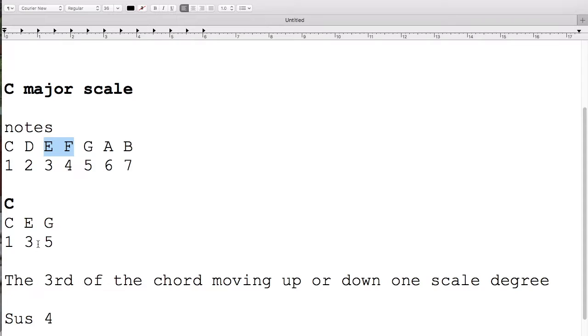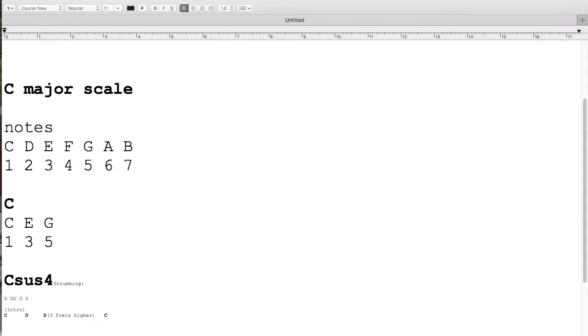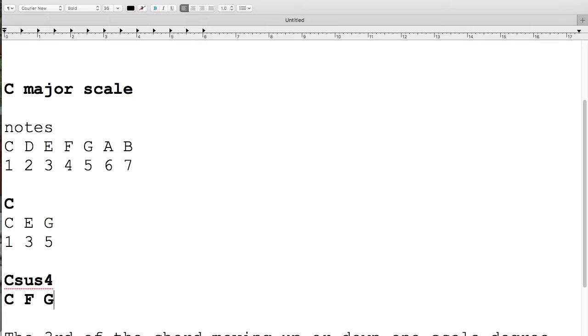There's our sus4. So a sus4, let's keep it in the same key here, C sus4, is C, F, and G, right? And if we look at it from a numbers perspective, we have 1, 4, and 5.